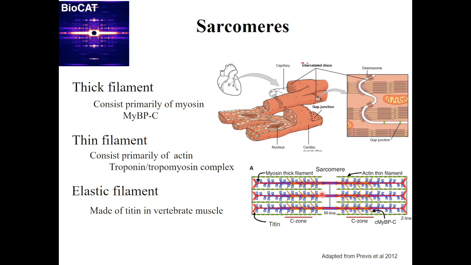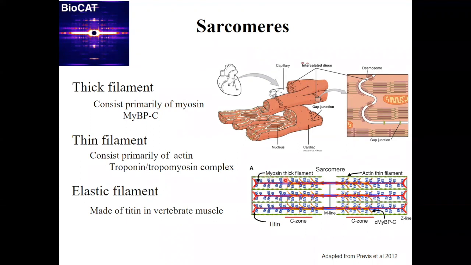Inside the sarcomere, there is the myosin-composed thick filament, with myosin heads sticking out and myosin tails coiled together to form the thick filament backbone. There is also the thin filament, primarily composed of actin monomers, and accessory proteins called tropomyosin and troponin, and in skeletal muscle there is also nebulin.